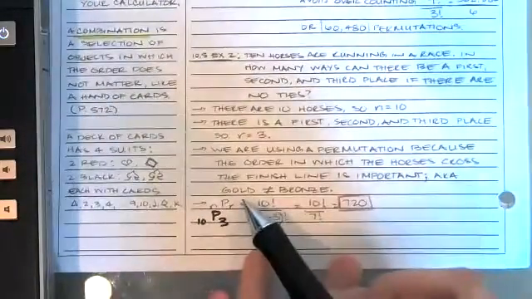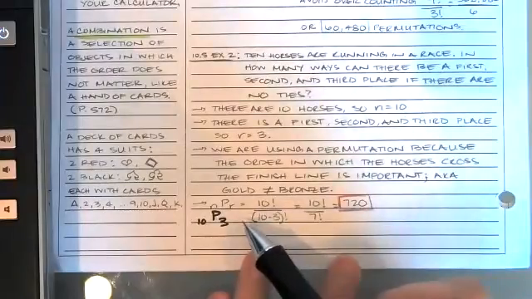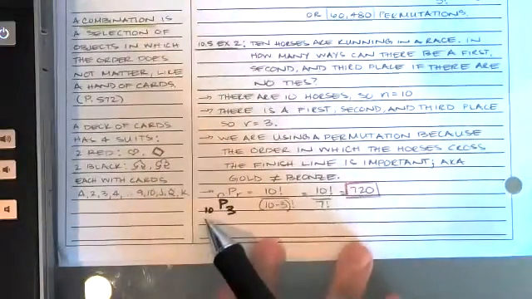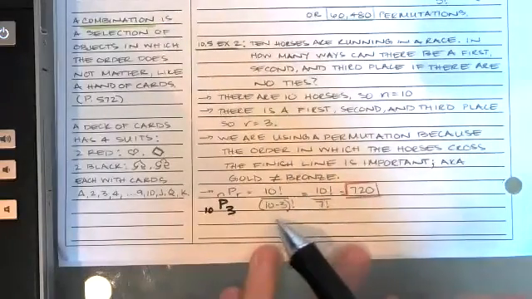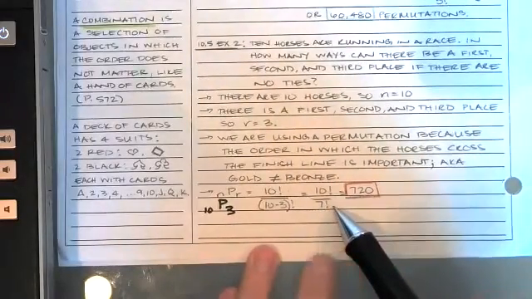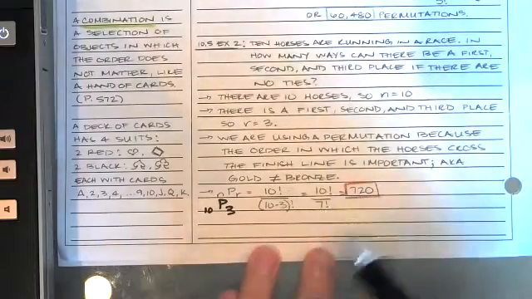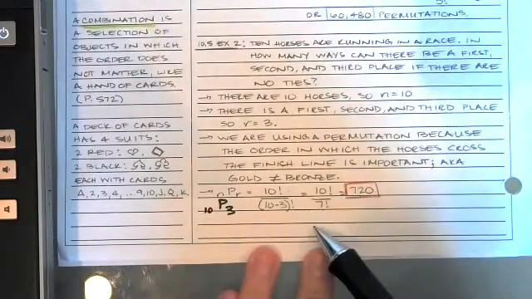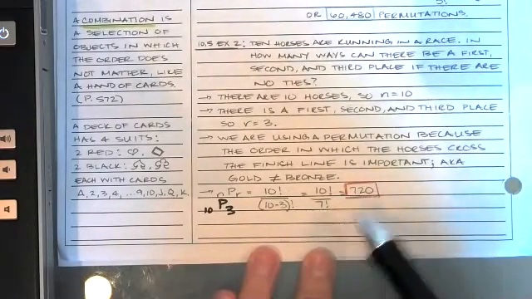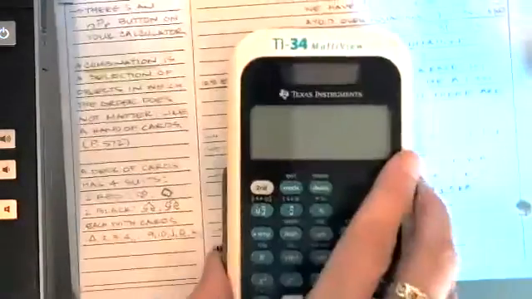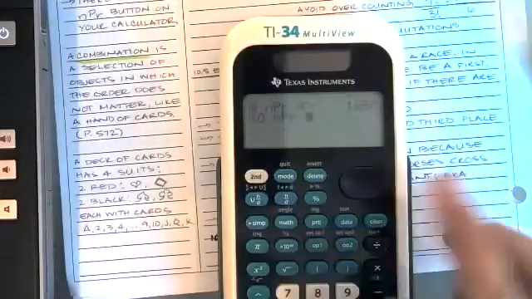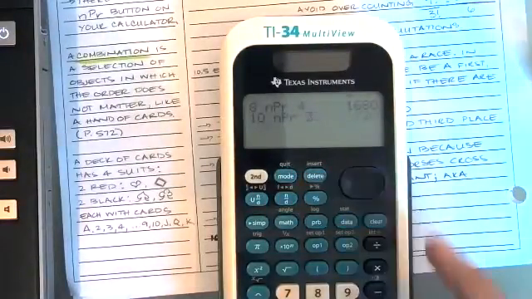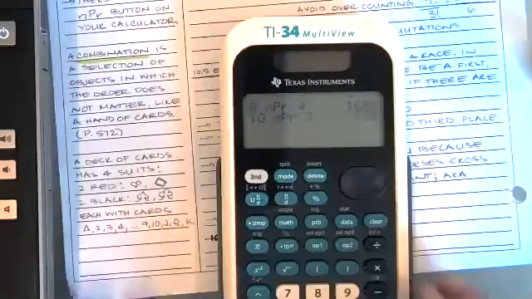Third place and first place are not the same. So in this case, we've got 10P3, which is 10 factorial over 10 minus 3 factorial. But again, we're just using the calculator to put in 10 and then nPr 3 gives us 720. Are we okay with that part?